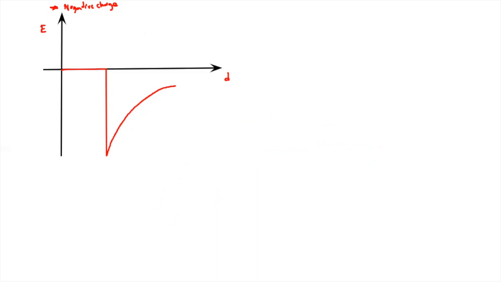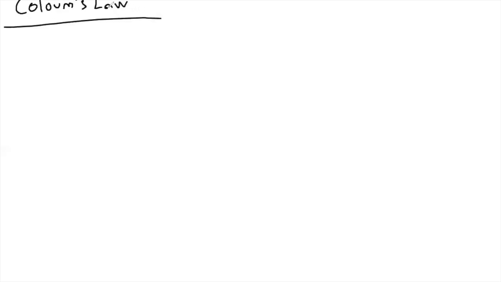I'm erasing the graph. All right, so Coulomb's law. In 1875, the magnitude of force between two electrically charged bodies was studied by Coulomb, and he came to a conclusion.